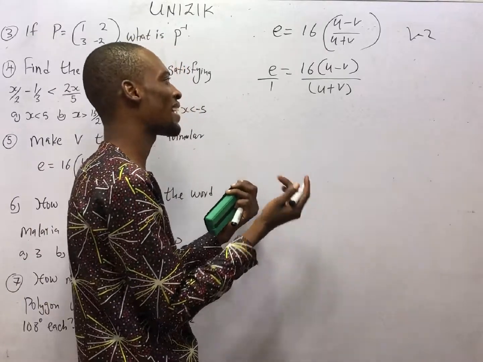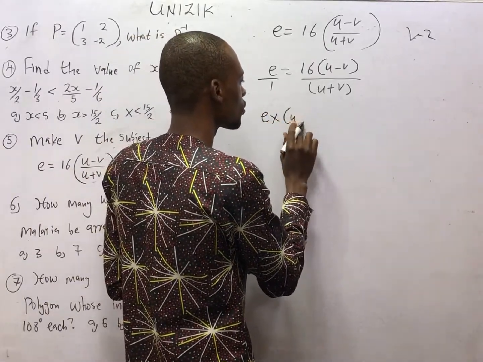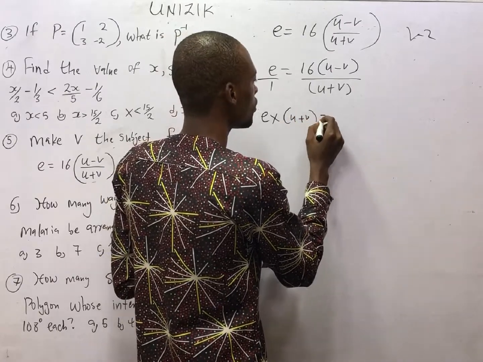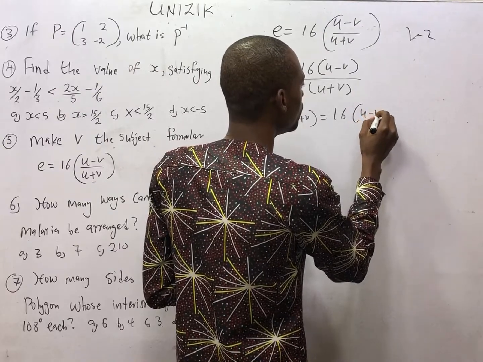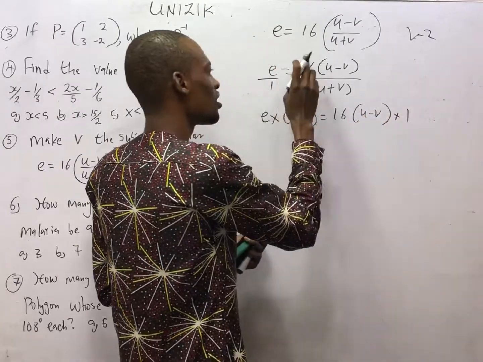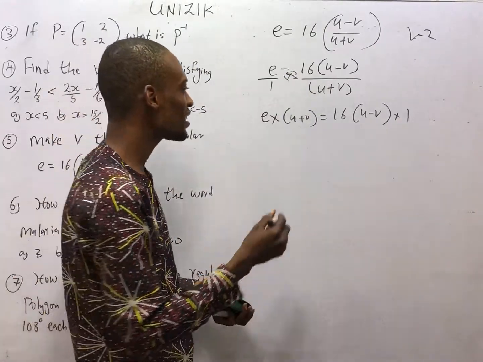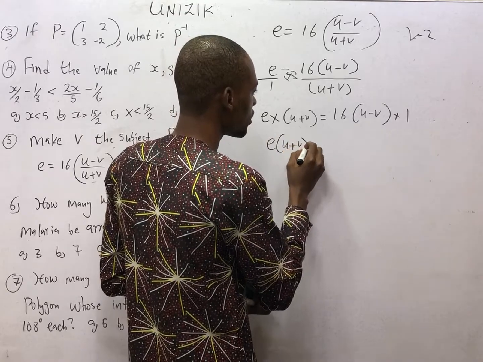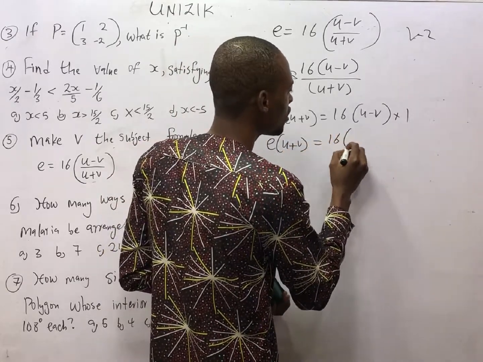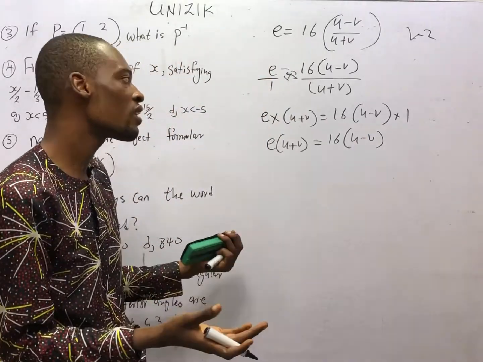If I cross multiply and say E times u plus v equals 16 u minus v times 1, am I correct? Yes, I am correct. If I say this is the same thing as E(u plus v) equals 16(u minus v), am I correct? Yes, I am correct.